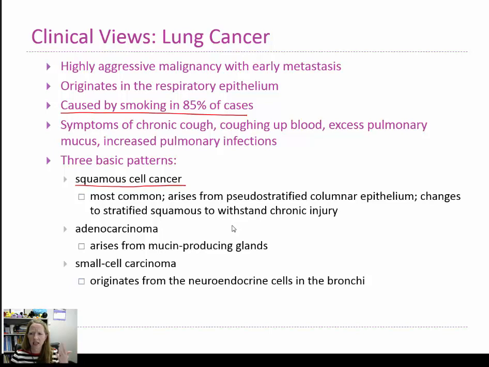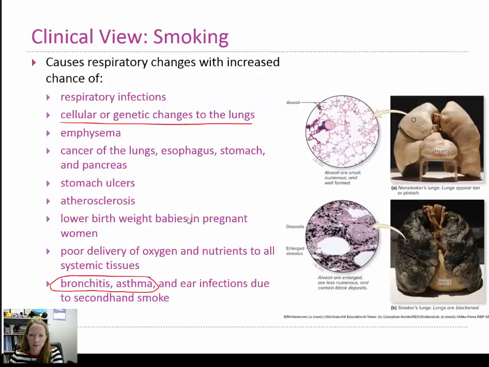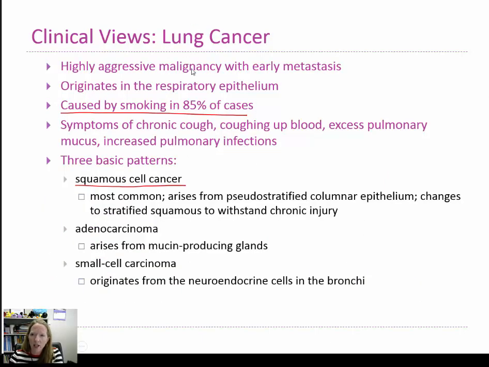And it does that because it's thinking, hey, I need to go in and protect this body, protect these lungs from the smoke. Not necessarily just lungs, because look, it can happen to the esophagus as well. It can happen to the stomach. It can happen to the pancreas. But since we're talking about lungs specifically, that is what's happening.